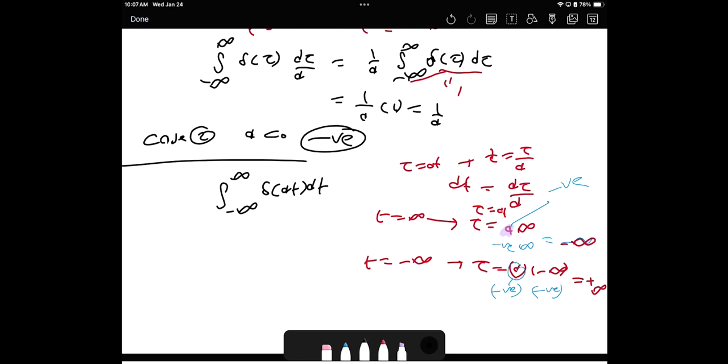So when we do the change of variables, the integral limits will be from infinity to negative infinity, delta of t, d tau over a.